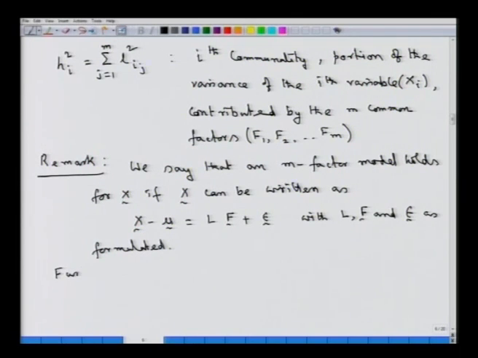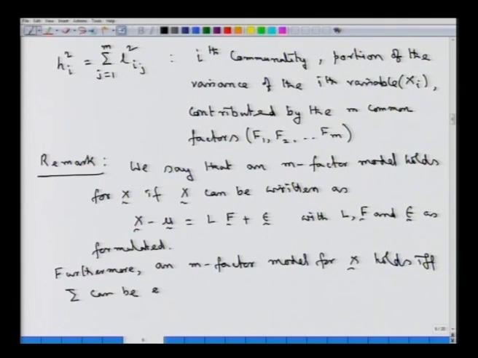Furthermore, an m factor model holds if and only if sigma can be expressed as sigma equal to LL dash plus psi, right.